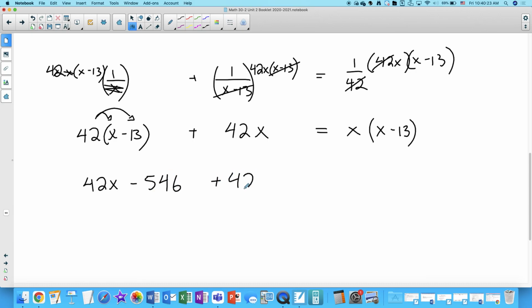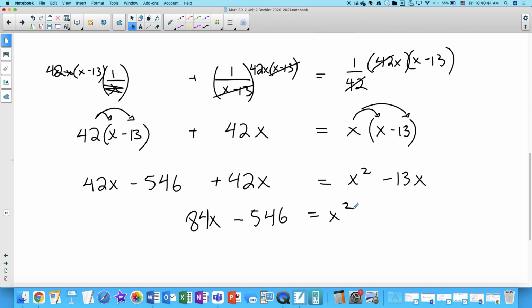Plus 42x equals x times x is x squared minus 13x. Okay? And I'm just going to simplify the left side again. So 42x plus 42x is 84x minus 546 equals x squared minus 13x.